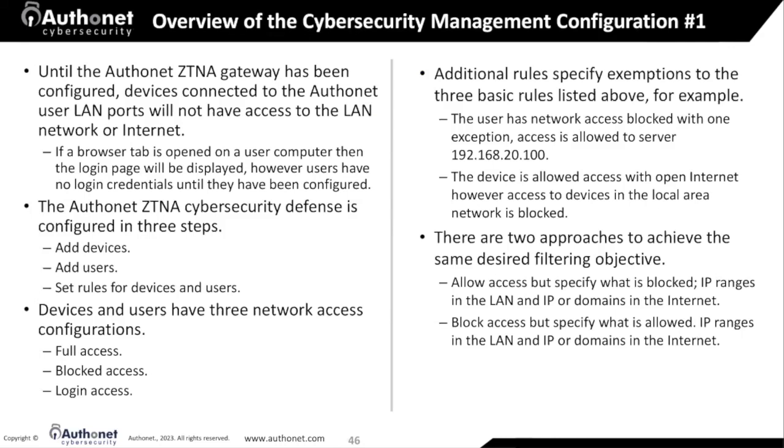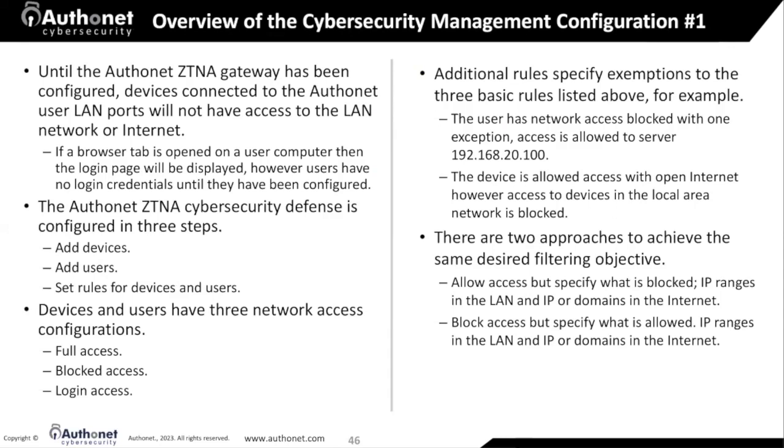Now, devices and users have 3 basic access configurations: full access, blocked access, or login access. And in the case of full access or login access, we also add rules to determine what can be accessed and what cannot be accessed.